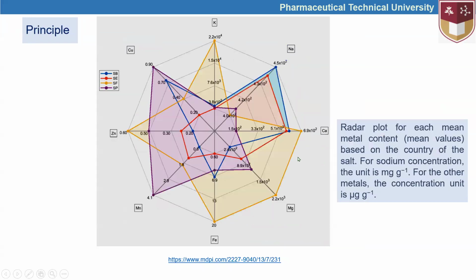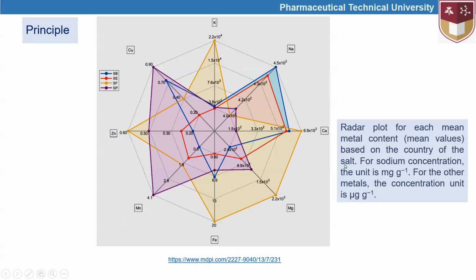Okay, next. Here we can see the radar plot for each mean metal content. The figure was taken from another MDPI paper. For sodium concentration, the unit is milligram per gram. Here we can see the sodium. And for other metals, the concentration unit is microgram per gram. By developing this kind of radar plot, it will be possible to see and compare the concentration of different metals in different samples as indicated here.